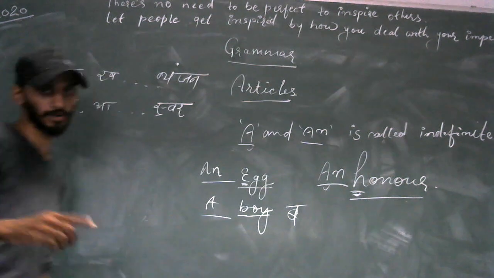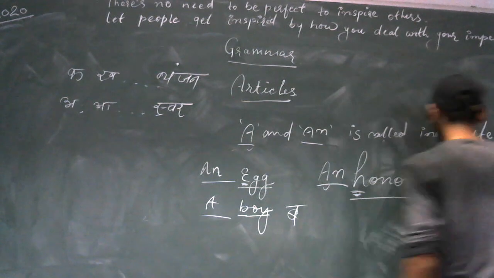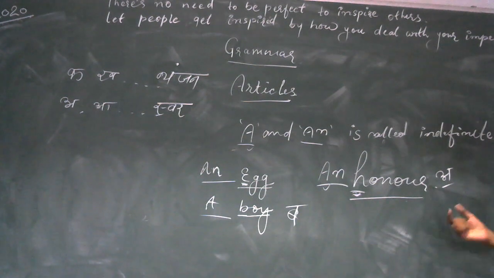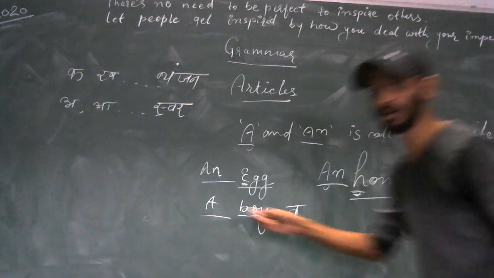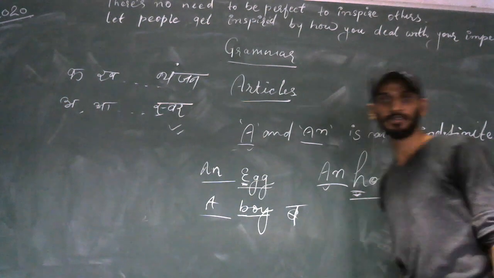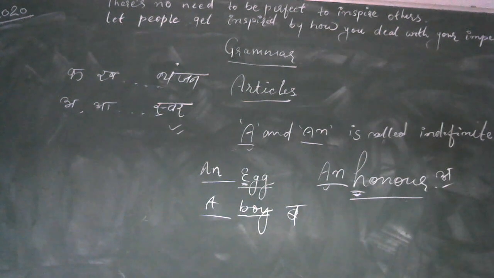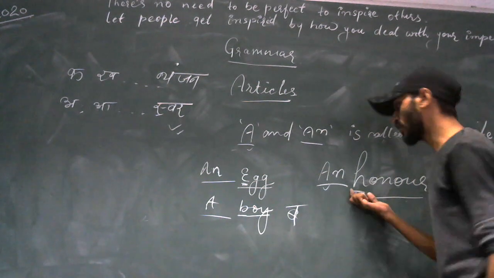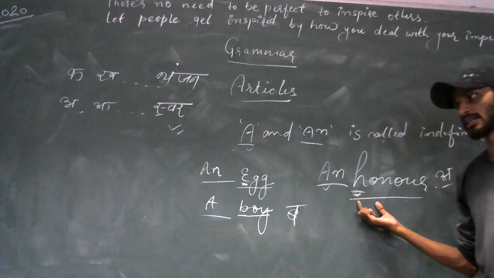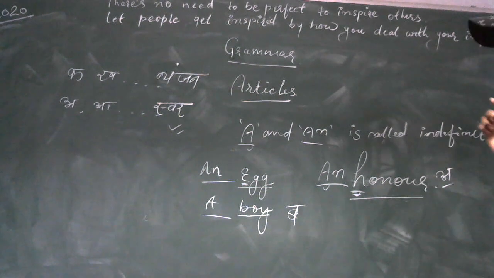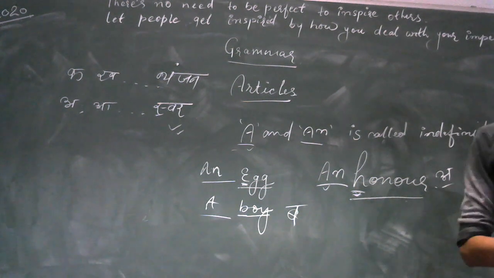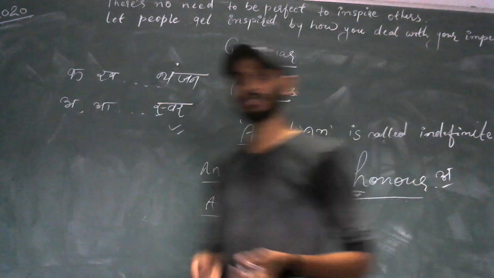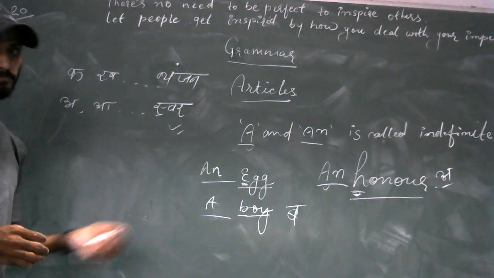See here, H-O-N-O-U-R, honor. It produces the sound of O, and as we know, O is Swar. So we can say that whenever any noun begins with a vowel sound or a consonant sound, it doesn't matter, you just check the sound of the word, and then put a or an in front of the noun.